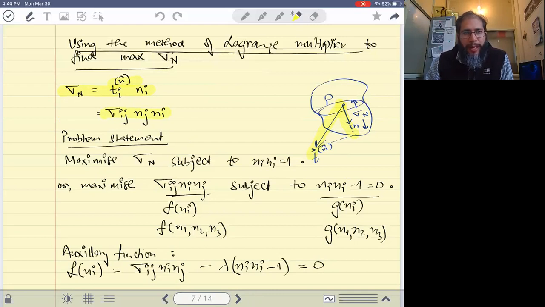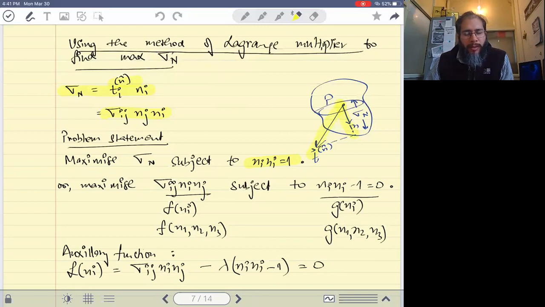So we have to maximize this sigma n subject to the constraint that the normal is a unit vector. Remember that in this case, instead of x, y, and z, your variables are n1, n2, and n3, because you're trying to find that direction at P where your sigma n is maximum.